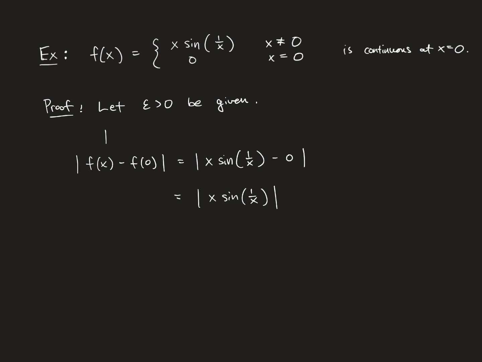What I have control over is the distance between x and 0. I want to say it's continuous at 0. So if I move away from 0 by a little bit, my f of x doesn't move too far from f of 0. So what I have control over ultimately is the absolute value of x. And so I see that absolute value of x appearing here.